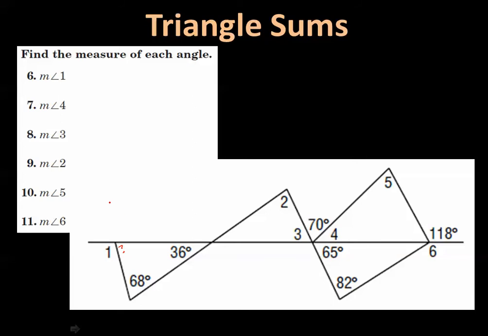So you're just going to take 180 minus 36 minus 68. 180 minus 36 minus 68 gives me 76. So now I can say 180 minus 76, because these are a linear pair, and that gives me 104.